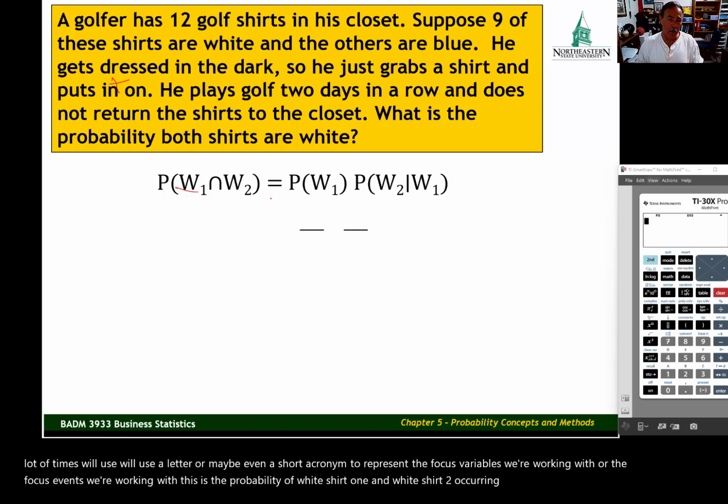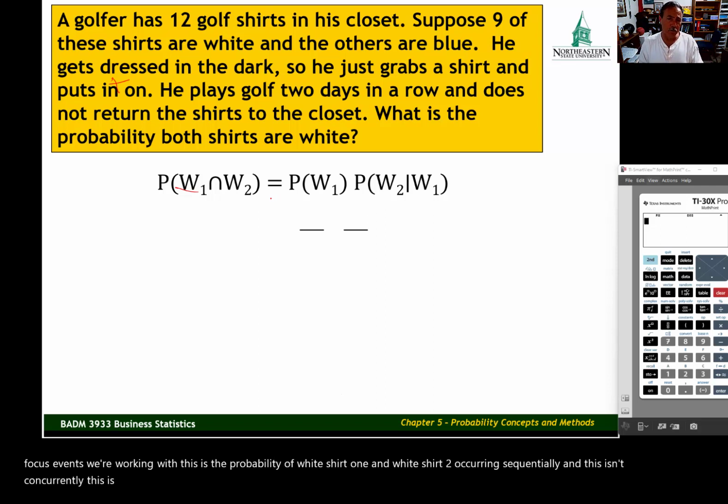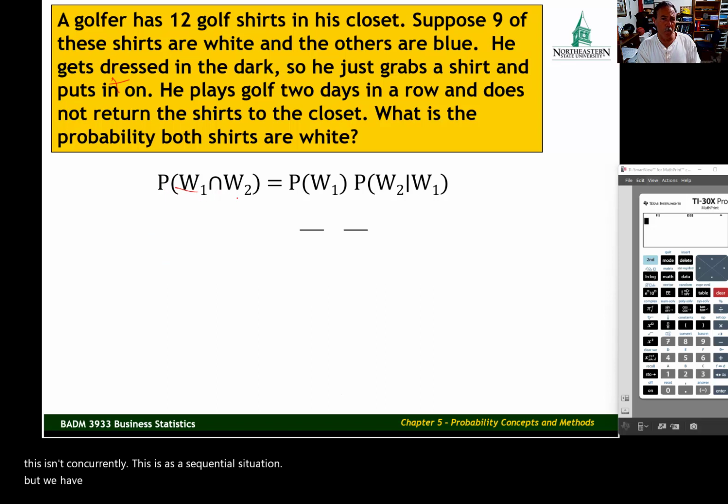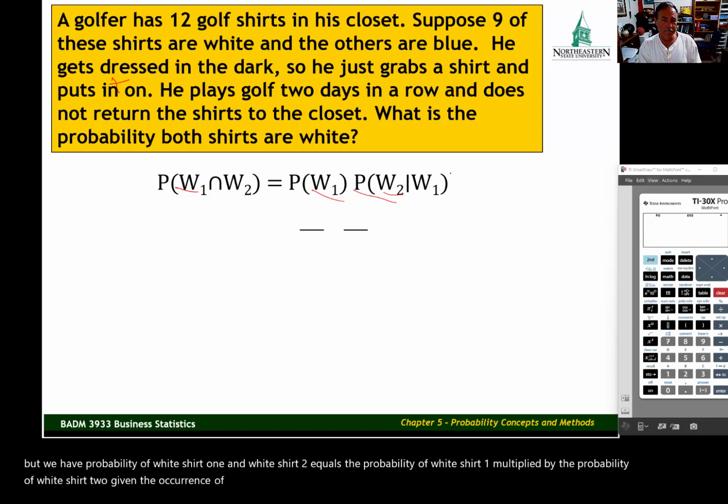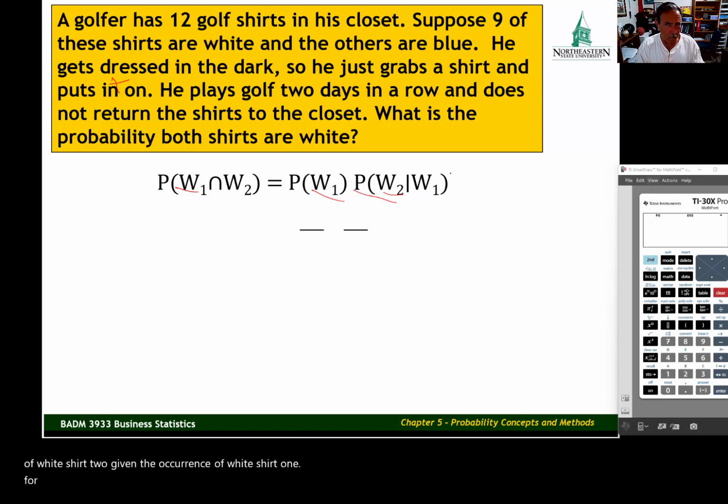And this isn't concurrently, this is a sequential situation. So we have probability of white shirt 1 and white shirt 2 equals the probability of white shirt 1 multiplied by the probability of white shirt 2 given the occurrence of white shirt 1. If you're still lost, hopefully it'll clear up for you here.